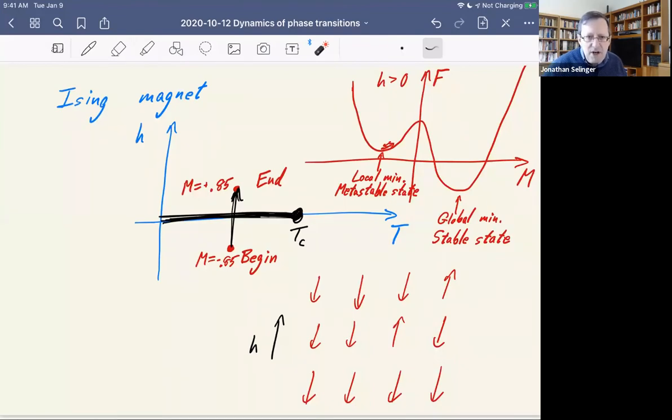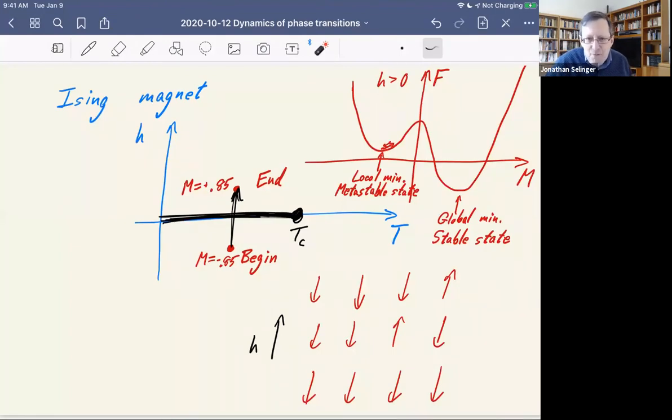So then the question is, how can we get unstuck, right? How can we ever reach the stable state? How do we get from there over to there? So the way that has to work is there has to be a big fluctuation, right?